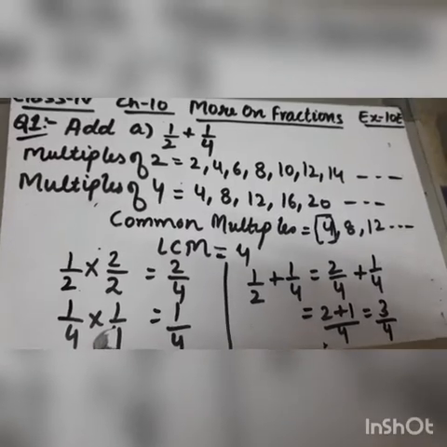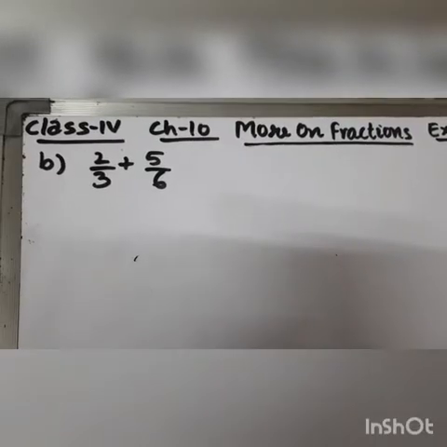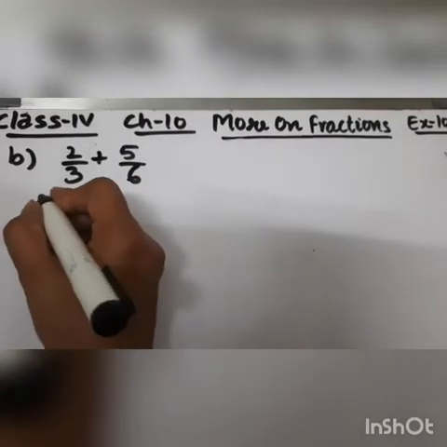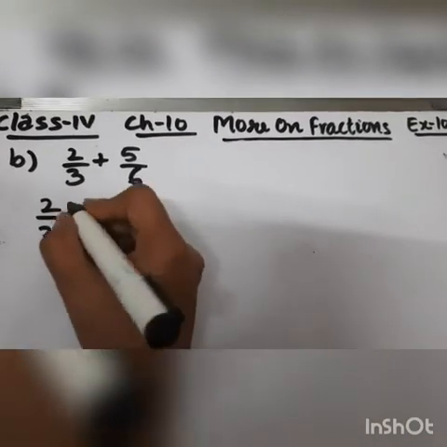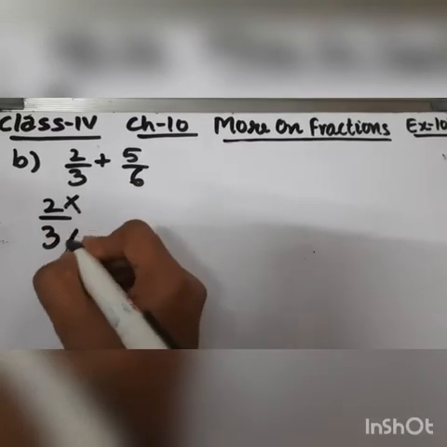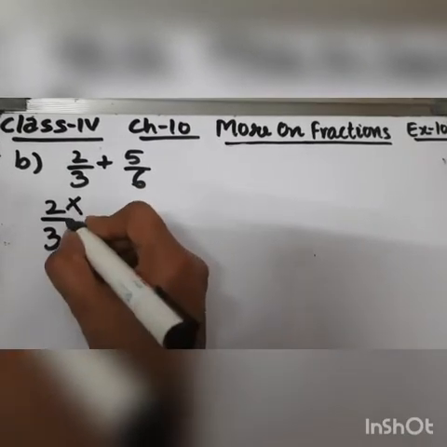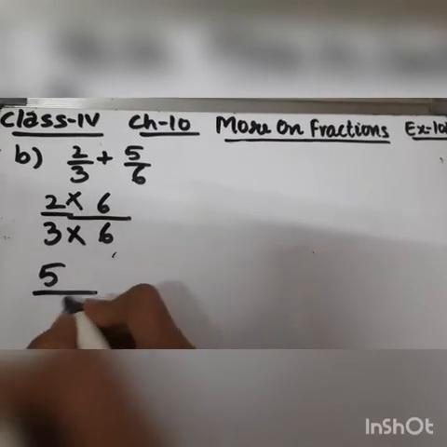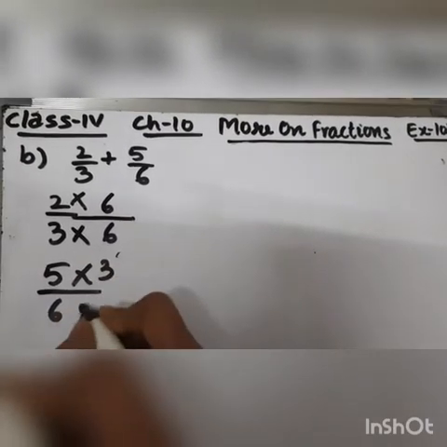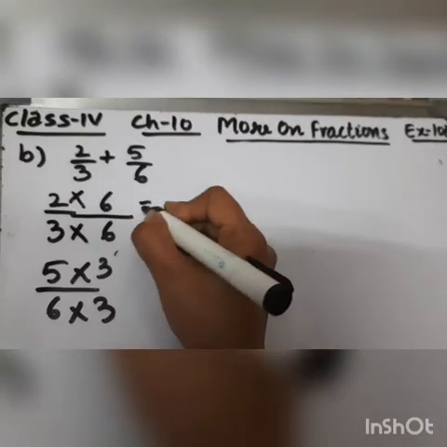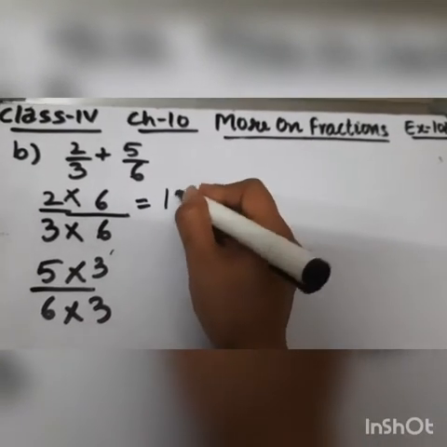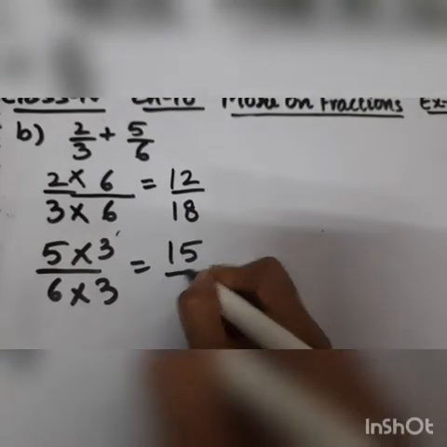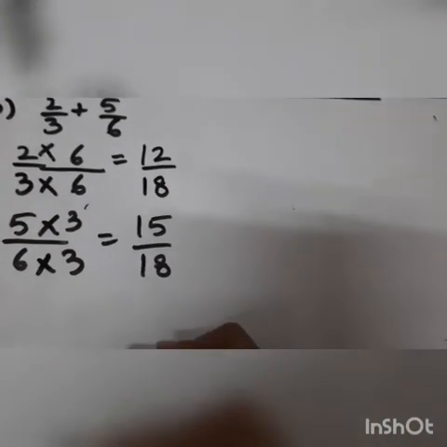This is A part of question number first. B part is 2 by 3 plus 5 upon 6. So first of all, we will multiply the numerator and denominator of first fraction by the denominator of second fraction and second fraction by the denominator of first fraction to convert the fractions into like fractions. 2 sixes are 12 and 3 sixes are 18, 5 threes are 15 and 6 threes are 18.